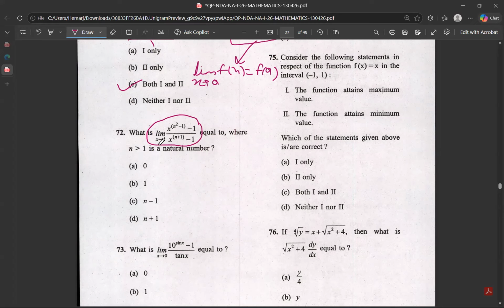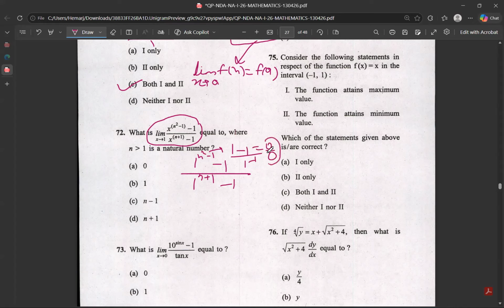If x is tending to 1, we simply put x equal to 1. So this becomes 1 to the power n square minus 1 divided by 1 to the power n plus 1 minus 1. Now 1 to the power anything is 1. So 1 minus 1 divided by 1 minus 1. So this is 0 by 0.